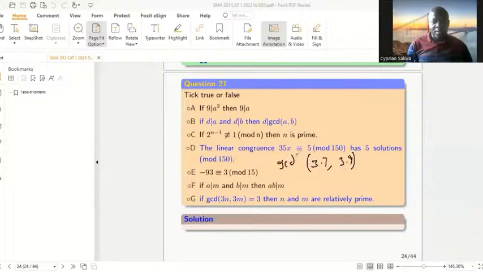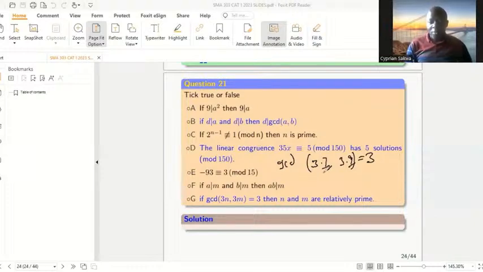This is true: if the GCD of this product is 3, then these other numbers are relatively prime. 7 and 9 have only 1 as a common factor.